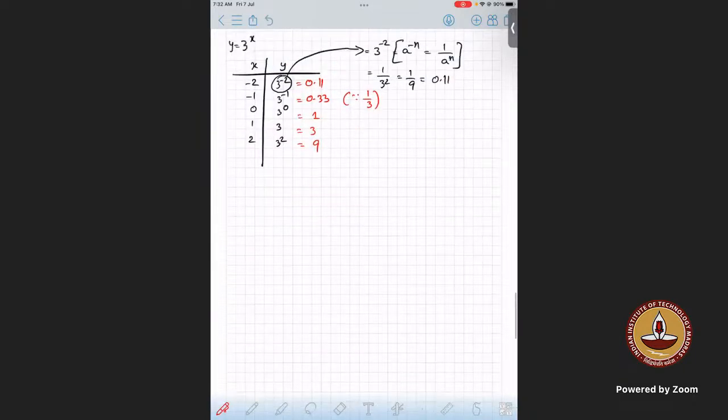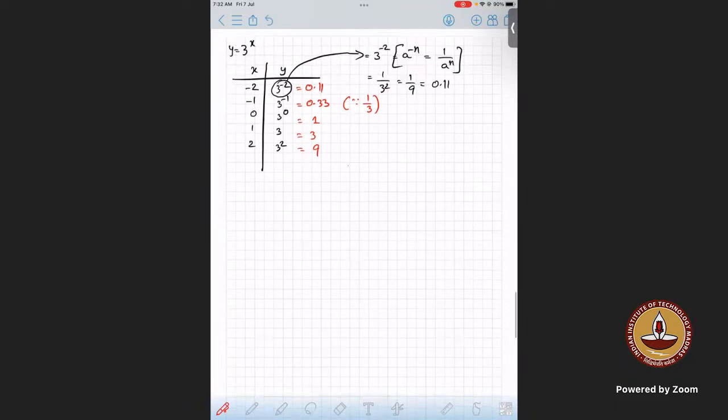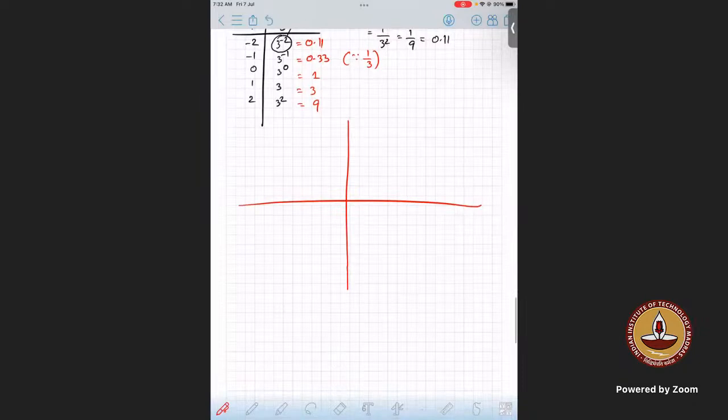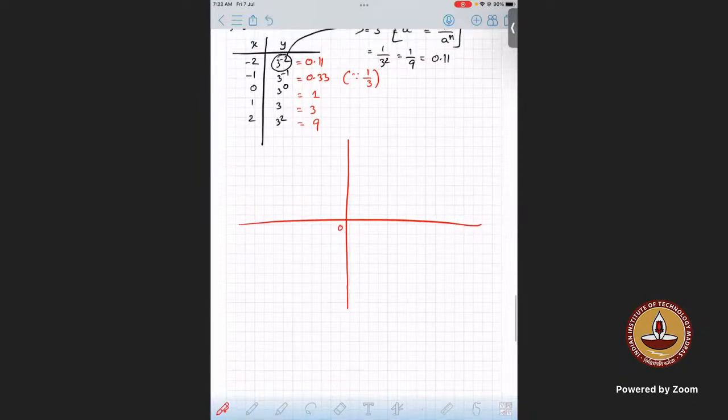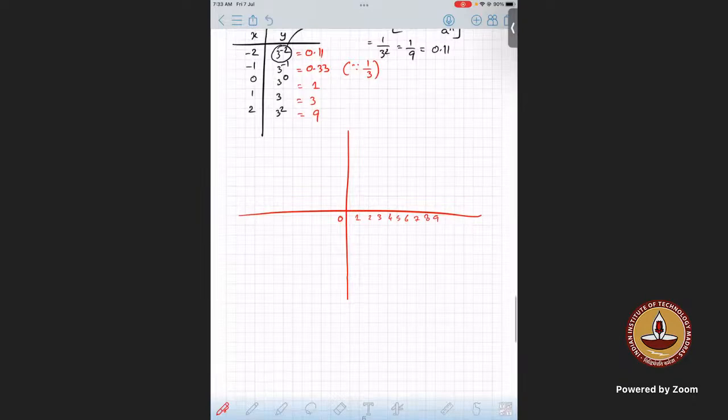Now let us draw a rough graph. Mark 0 up to 9 on the axis, and -1, -2.